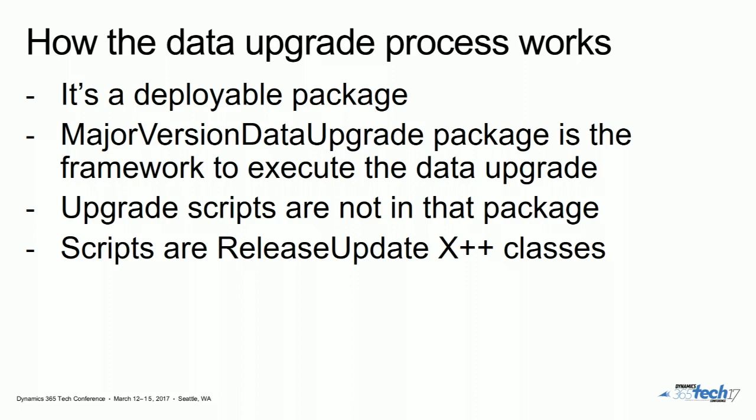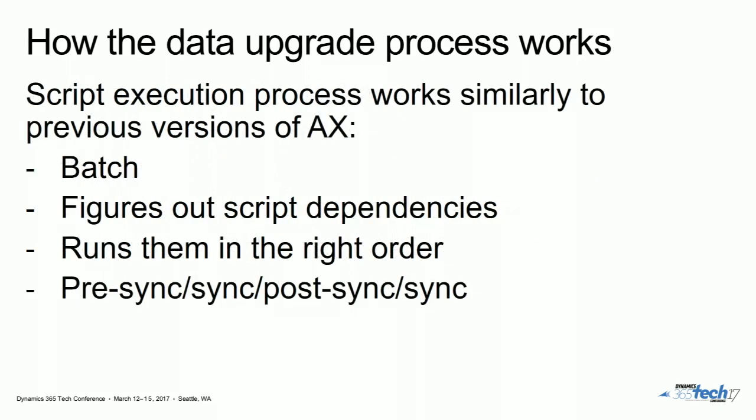The real code that actually does the data upgrade are the release update classes, which begin with release update, in X++ in your application itself. And you can see all of our ones. It's the same as 2012, actually. Very similar to 2012. It is spinning up a batch process in the background, spinning up a bunch of tasks.